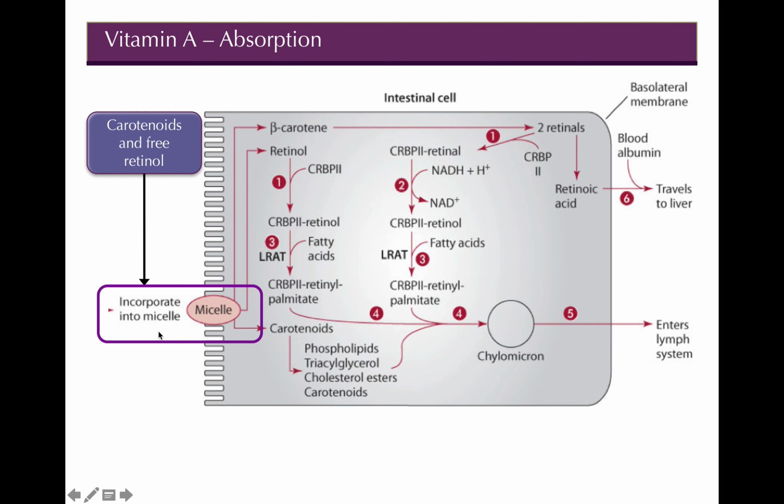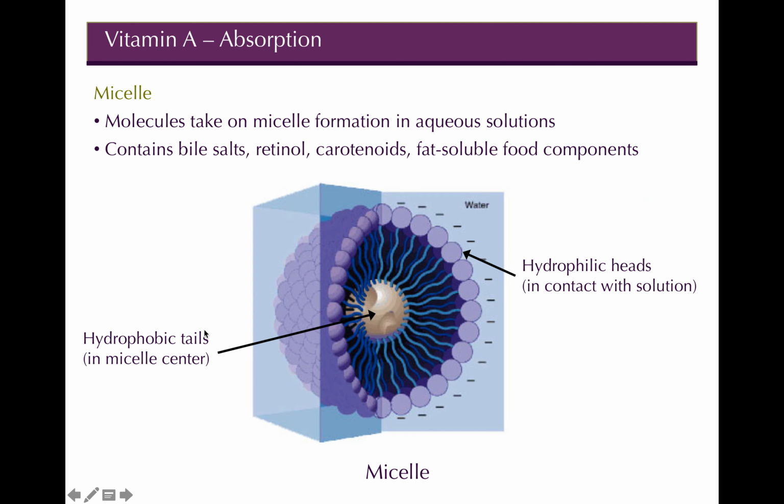The next step is that they're incorporated into micelles. Again, this is a totally different absorption pathway than what we saw with the water-soluble vitamins. Water-soluble, remember, it was passive diffusion or some energy-dependent process. When we're talking about the fat-soluble vitamins, they follow the same absorption pathway as fats. So micelles and chylomicrons, if you remember from Dr. Song's class. They become a micelle.